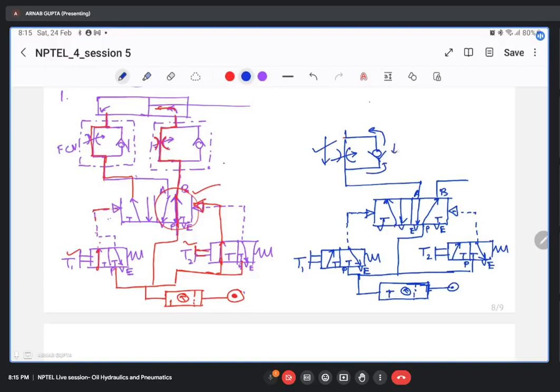Because outflow won't be happening in this direction and inflow won't be happening in this direction, and hence the directions are different. This is the only thing that will be different from the first one.